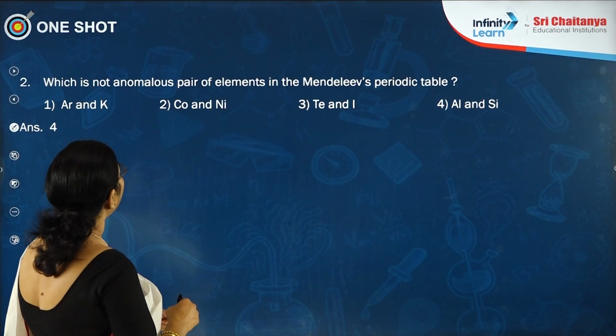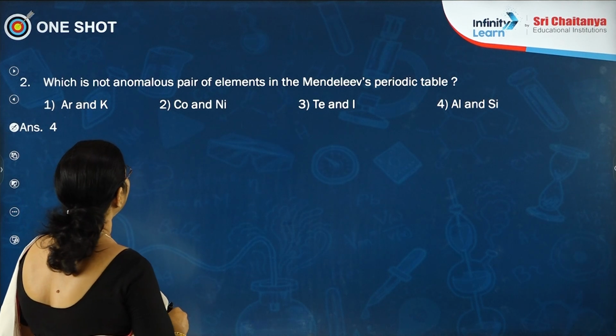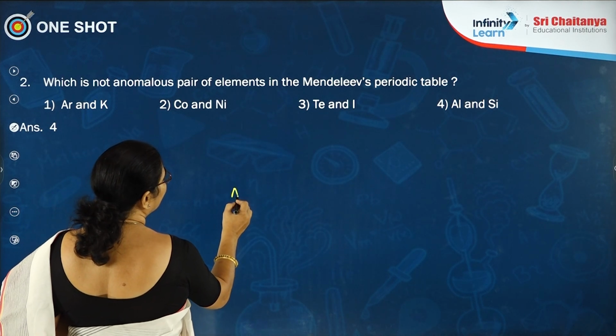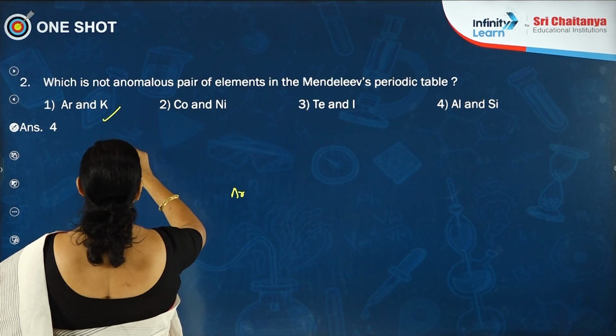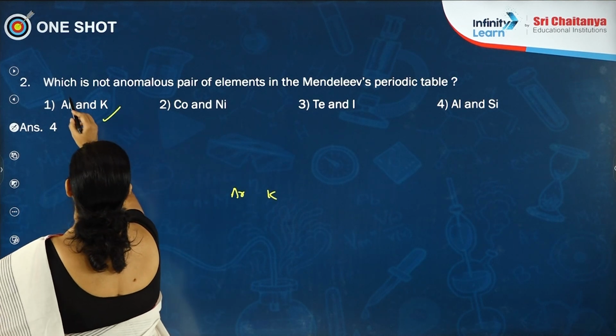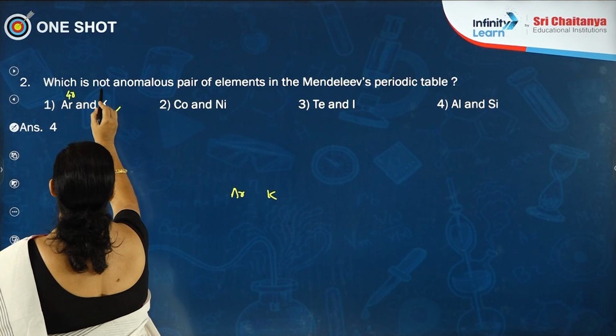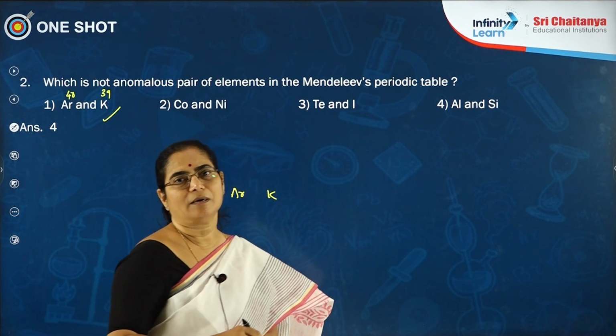Next, which is not an anomalous pair of elements in Mendeleev's periodic table? Anomalous pairs, please all of you learn: argon and potassium. Argon atomic weight is 40, potassium is 39, anomalous in arranging atomic weights.